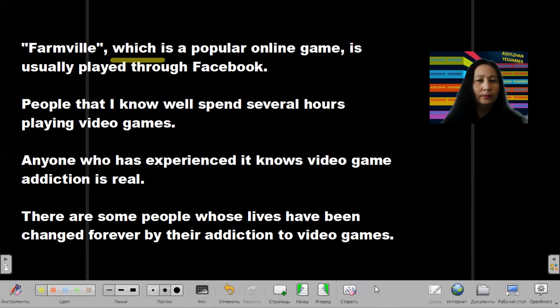And can you tell me, in this sentence, is which is a popular online game a defining relative clause or a non-defining relative clause? Yes, this is non-defining because it gives just extra information.